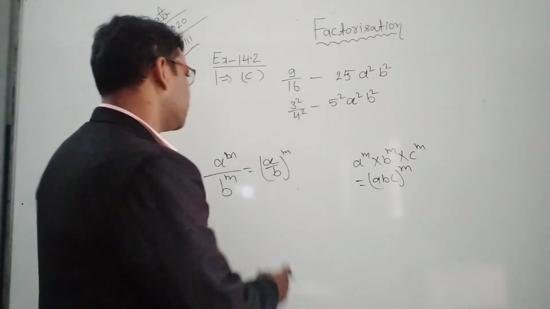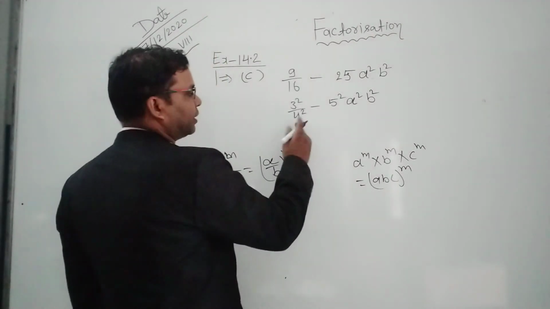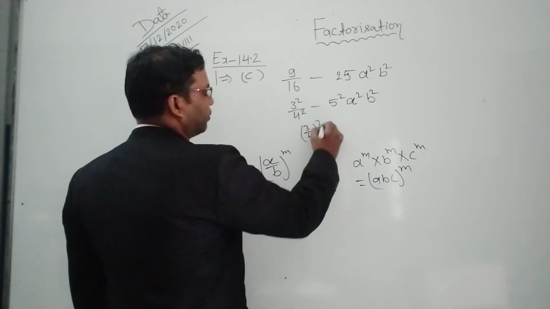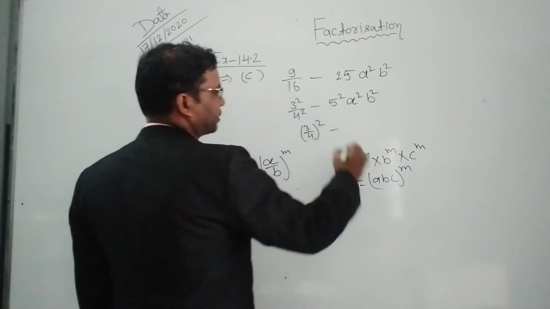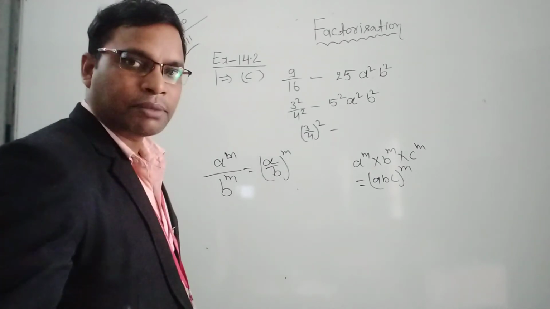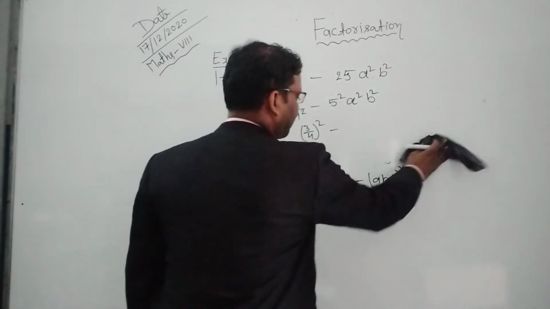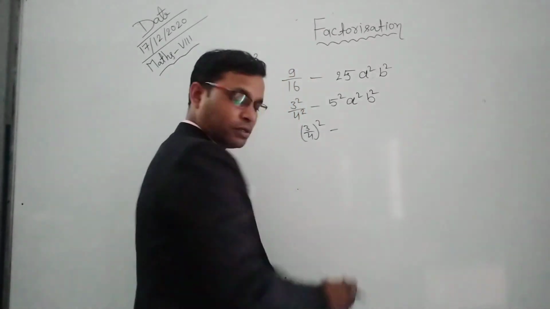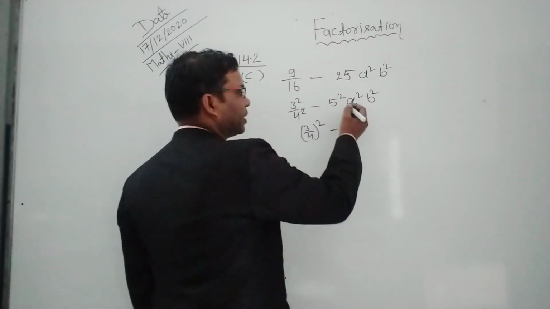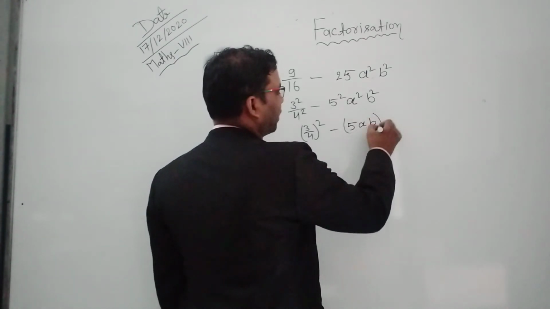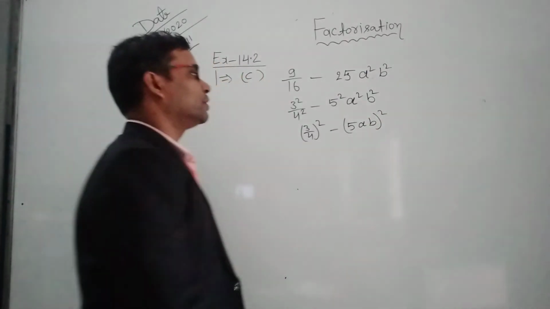So according to this rule, you can now write it as (3 by 4) whole square minus (5ab) whole square. This is clear.